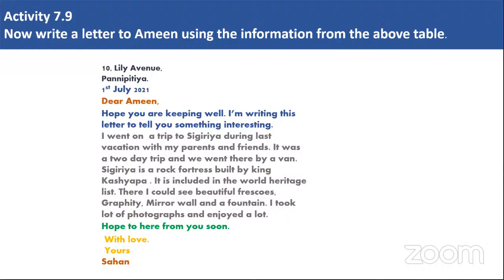Because you are going to include all the information that you need to share with your friend. So these are the things. How you went, when did you go, with whom did you go, then some kind of information about the place, what you saw, and what you did, and everything is there in this part.